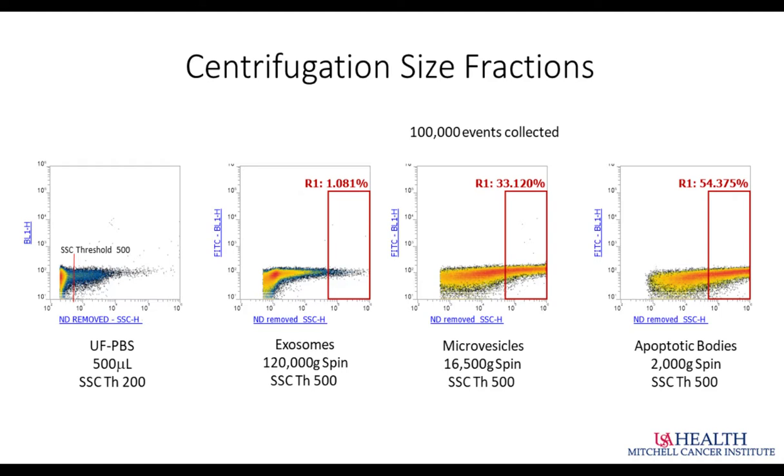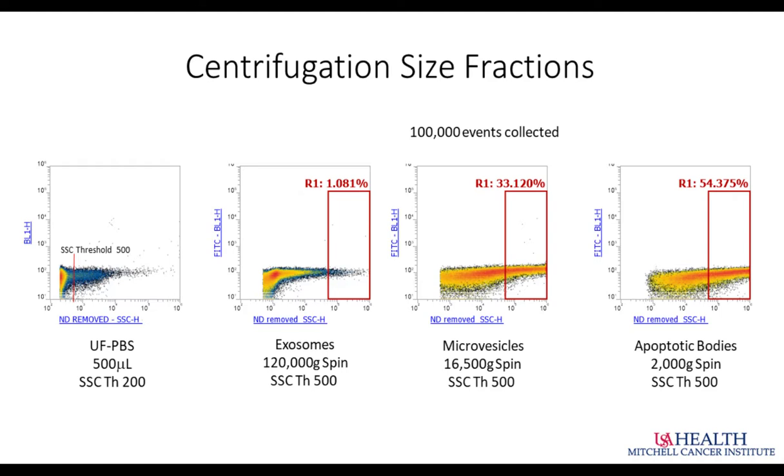When we run exosomes on the next panel over, we see that they are pretty much in that very small zone of what we would hope to be 30 to 150 nanometers. And for just points of reference, there's very little in that gate on the right. The next larger spin, microvesicles obtained from 16,500, show the concentration in this density plot moving to the right, so we're getting bigger, up to about 33% in that right gate.